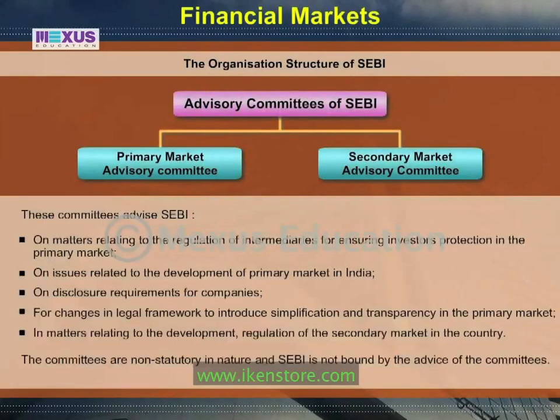SEBI also formed 2 advisory committees, Primary Market Advisory Committee and Secondary Market Advisory Committee. These committees advise SEBI on various matters. A quick look at a few of them. The committees are non-statutory in nature and SEBI is not bound by the advice of the committees.